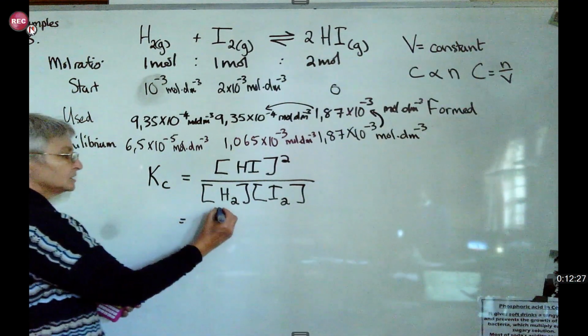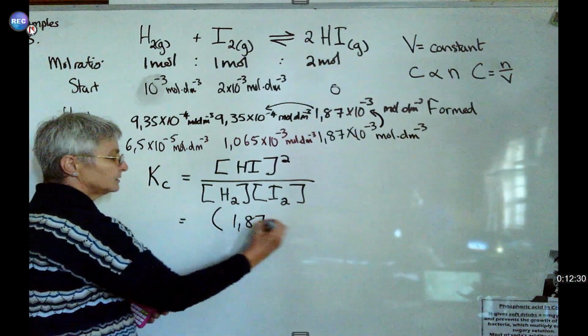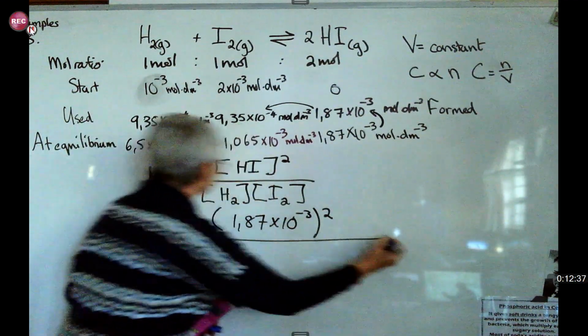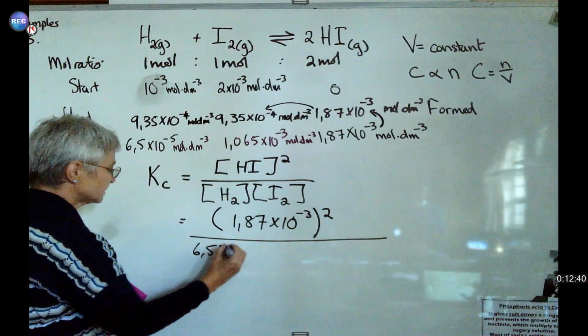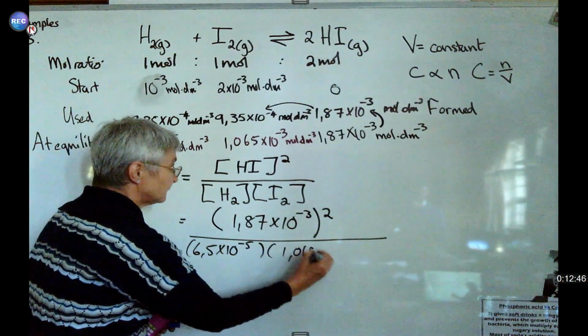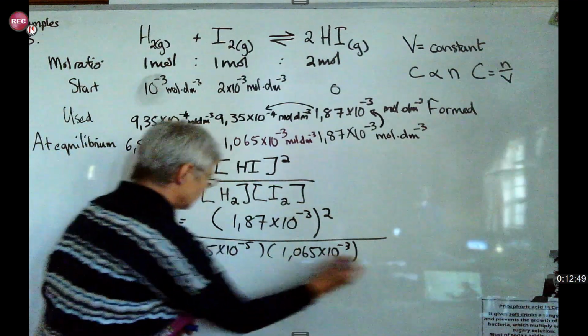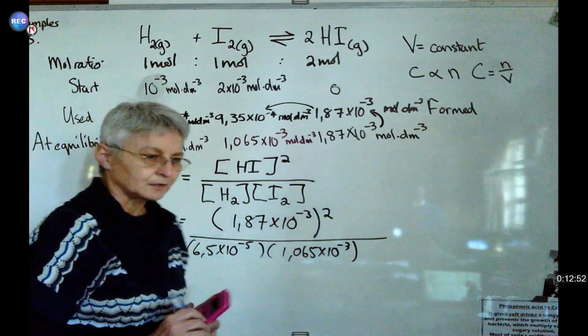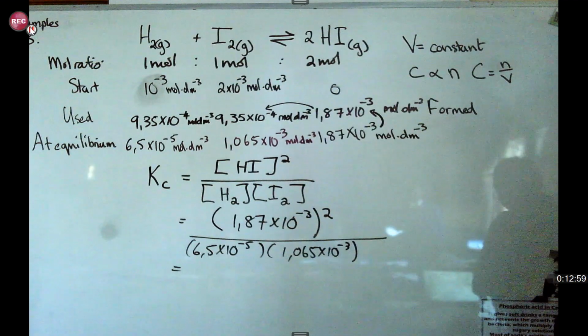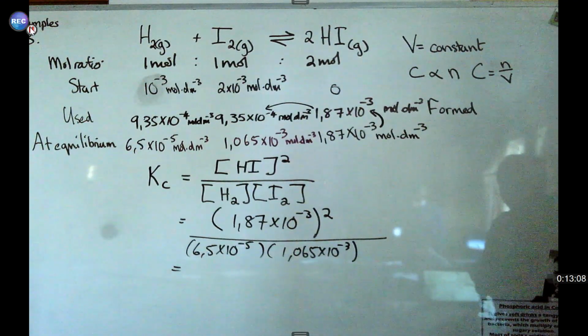Okay, so this becomes 1.87 times 10 to the power minus 3, squared, divided by 6.5 times 10 to the minus 5 times 1.065 times 10 to the minus 3. We need to calculate that.